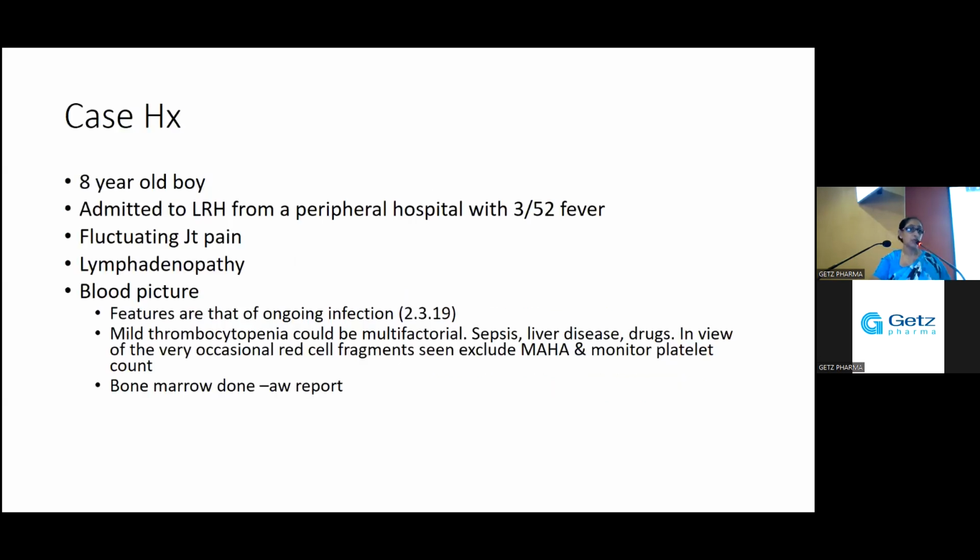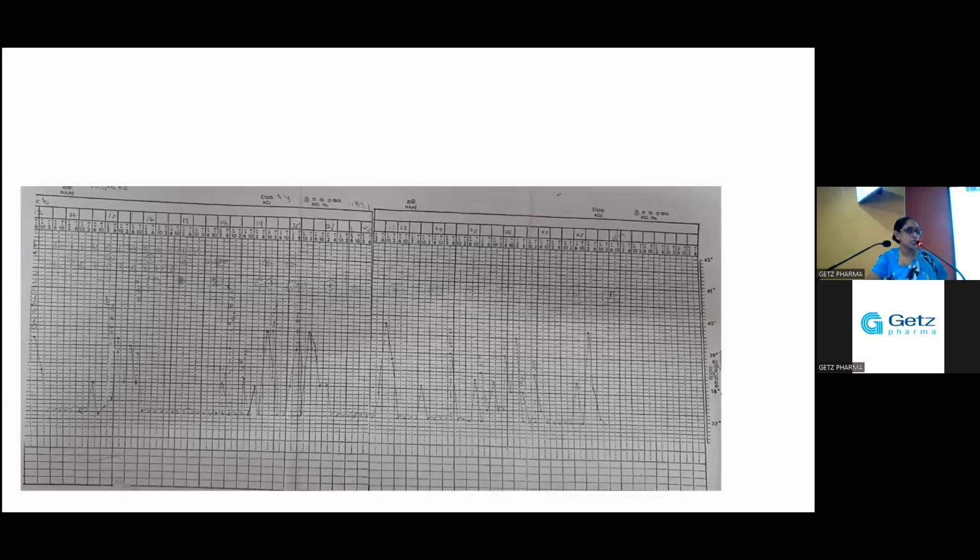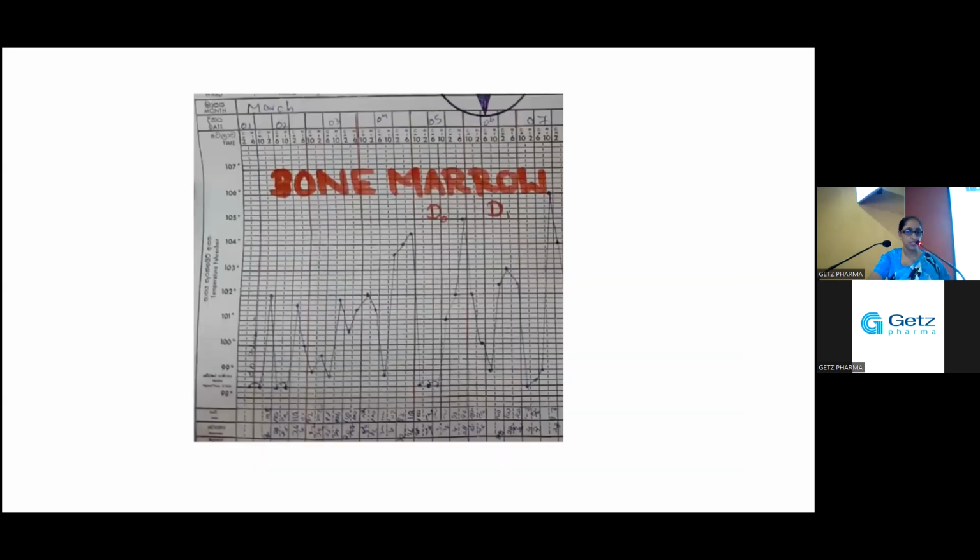This was an 8-year-old boy whom I will never forget, admitted to LRH from a peripheral hospital with 3 weeks of fever, fluctuating joint pain, and lymphadenopathy. The blood picture showed ongoing infection and mild thrombocytopenia, and a bone marrow was done, but the report was not available by the time he was referred to us. This was the initial fever chart at the peripheral hospital, and this was when we saw him first. That was in 2019.